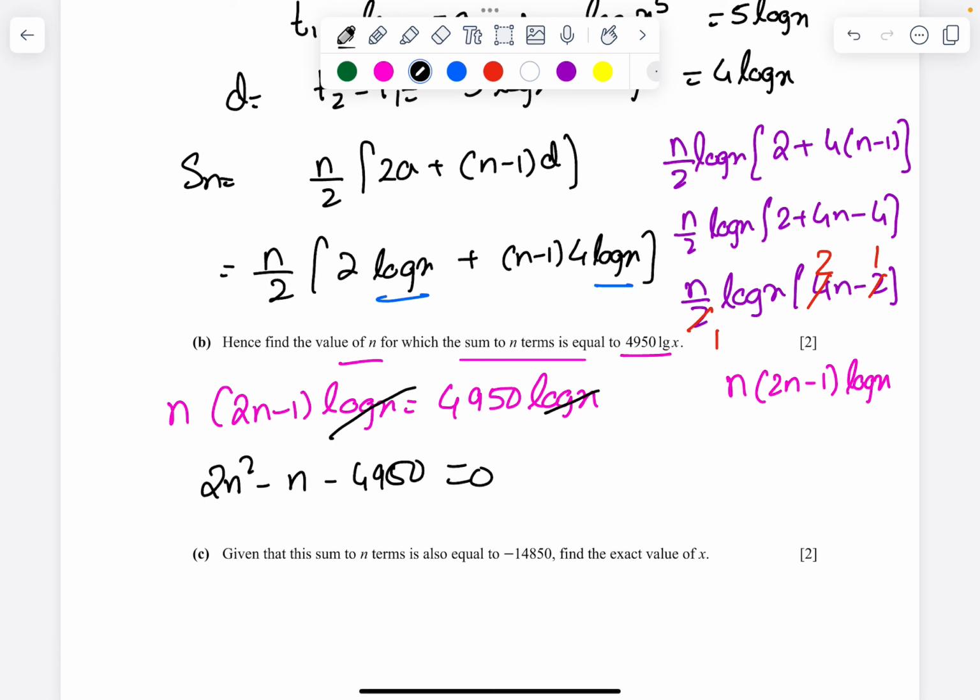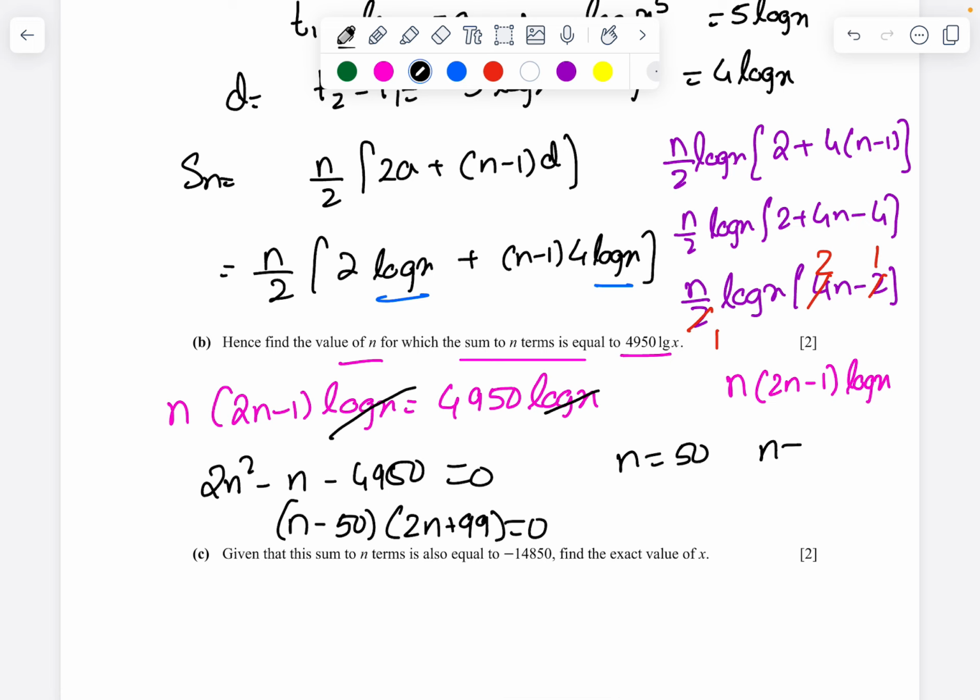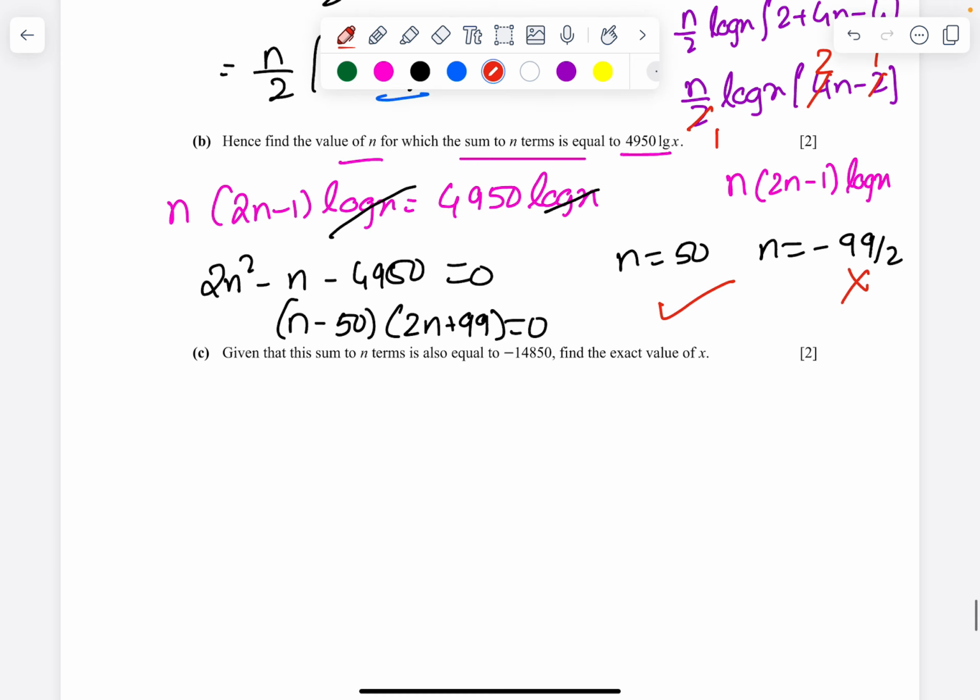So directly writing the factors, it becomes (n minus 50) times (2n plus 99) equals 0. So n equals 50 or n equals minus 99 by 2. n cannot be negative, so n equals 50.